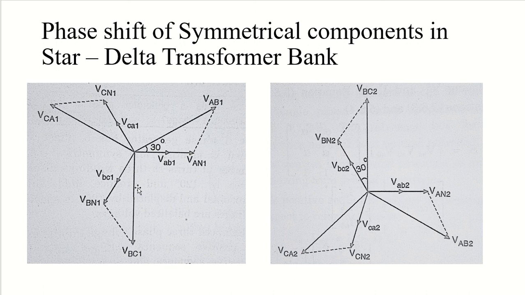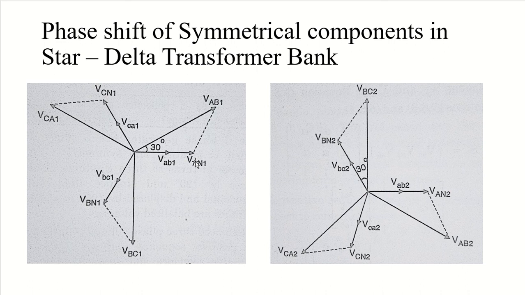Here you can see this an1, or ab1, is the voltage of the star side. It doesn't matter if I'm taking line voltage or phase voltage, because I'm only going to talk about the angle here, so the magnitude does not matter. You can take either line or phase voltages.